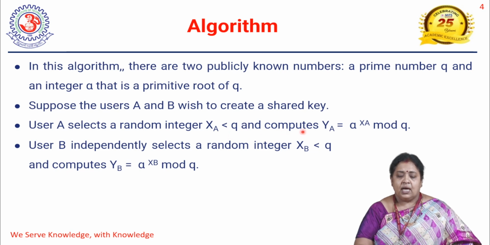Using XA, A computes YA, the public key: YA equals alpha to the power of XA mod q. B also selects a random integer XB, which should be less than q, and computes the public key YB equals alpha to the power of XB mod q.